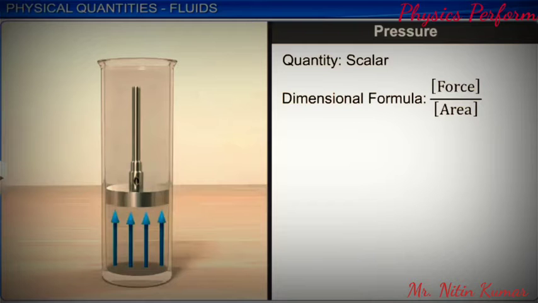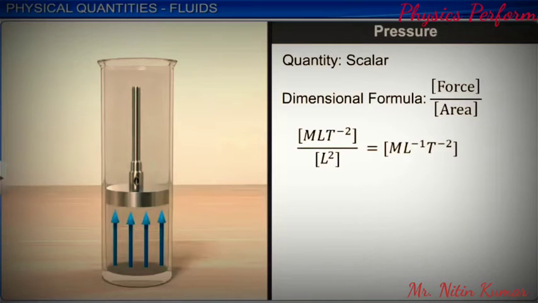Similarly, the SI unit of pressure is the ratio of SI units of force to that of area, which is Newton per meter square, also referred to as Pascal or Pa. Pressure is commonly expressed in atmosphere, symbolically written as ATM.